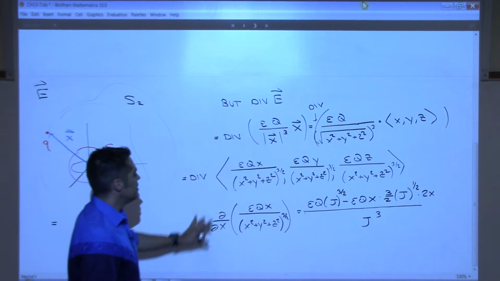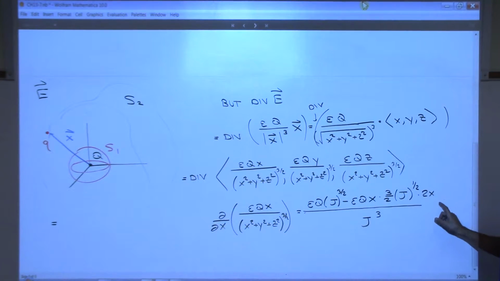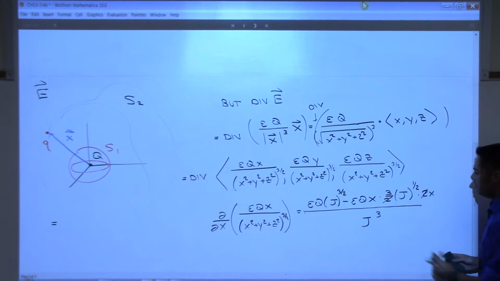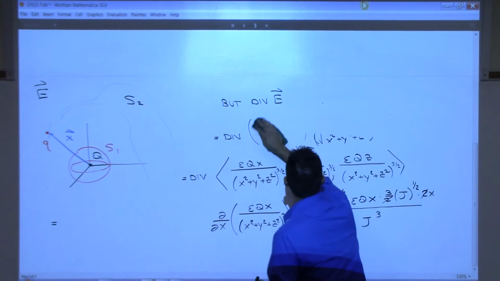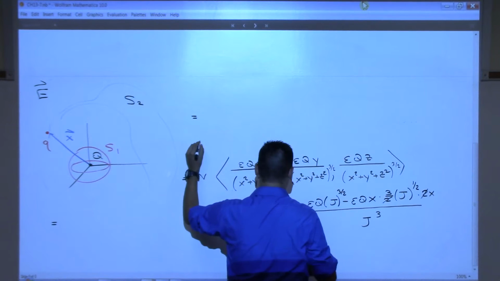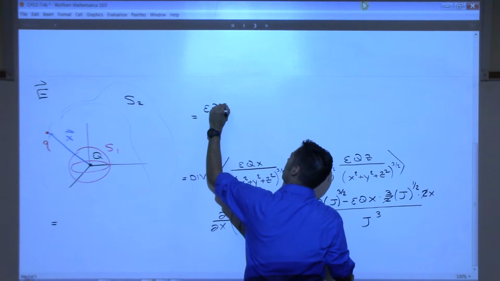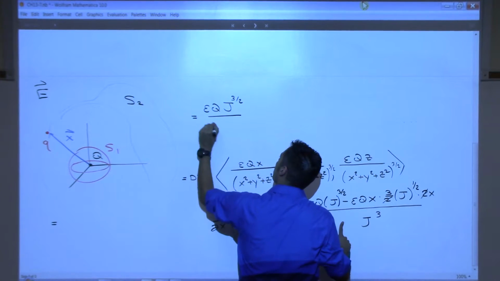So if I go to do the divergence, I'm going to have this expression, again, added to this with a y squared. These twos will cancel. I'll get an x squared here, a y squared on the next one, and the last one will have a z squared, and that's the only difference between them, right? So my div E is going to turn out to be epsilon q junk to the 3/2 over junk cubed.